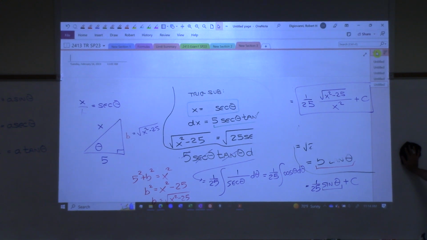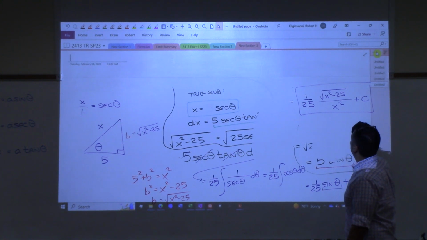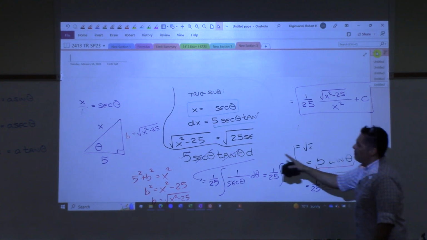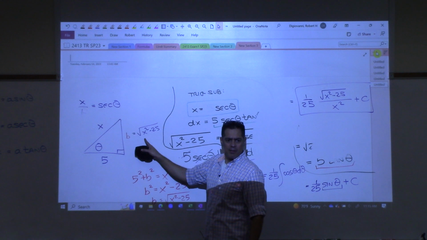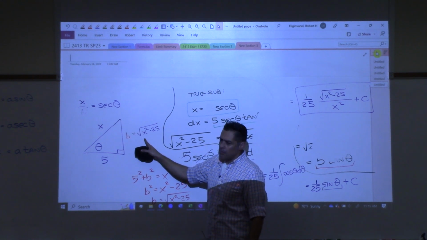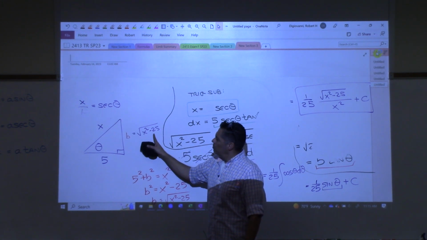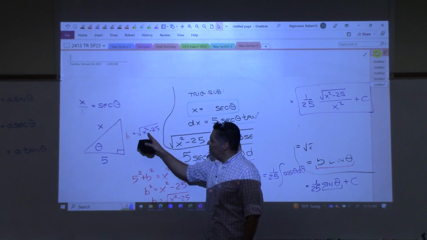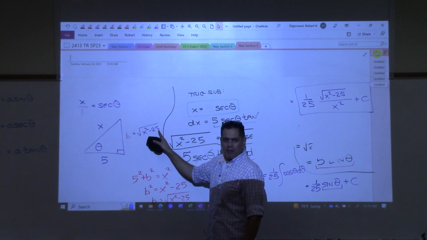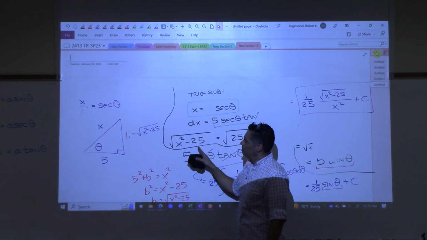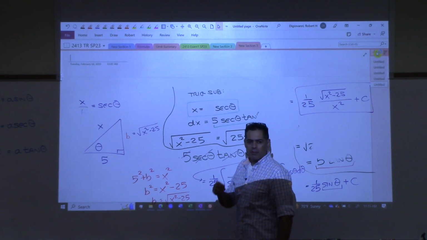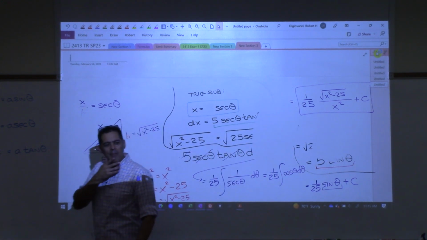Is it just coincidence that it turns out as the formula? Well, that's what we were just saying, I think, right? Is it a coincidence that this is x squared minus a squared? That fits that formula on the left. I'm not sure what you mean.